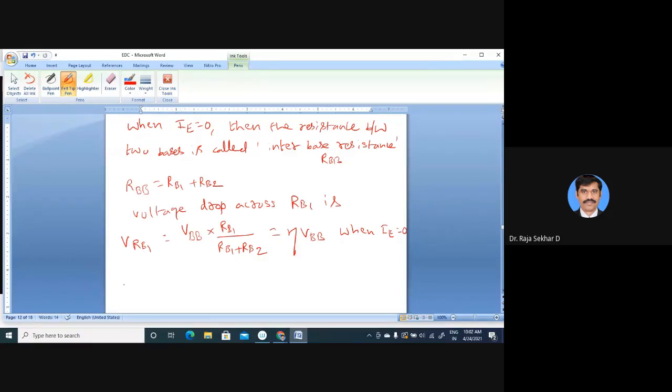Here eta is called the intrinsic standoff ratio.